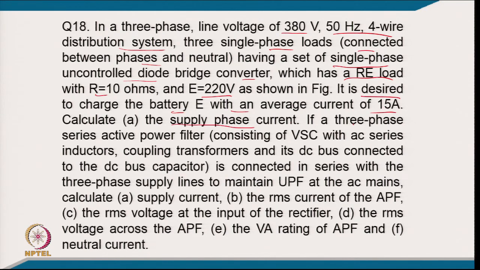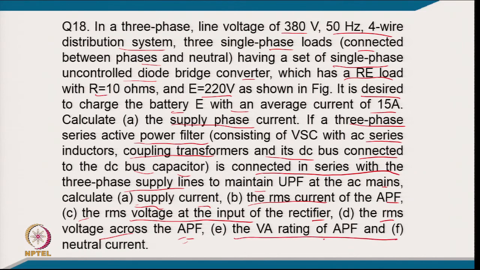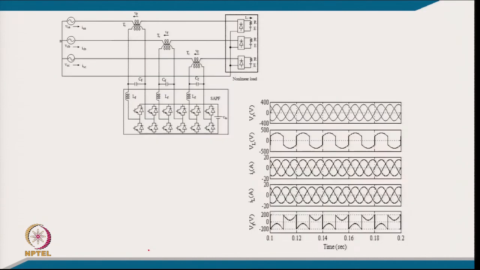A 3-phase series active filter consisting of a VSC with series active inductor, coupling transformer and DC bus capacitor is connected in series with the 3-phase supply lines to maintain unity power factor at AC mains. Calculate A, the supply current; B, the RMS current of the series active filter; C, the RMS voltage at the input of the rectifier; D, the RMS voltage across the series active filter; E, the VA rating of the series active filter; and F, the neutral current.